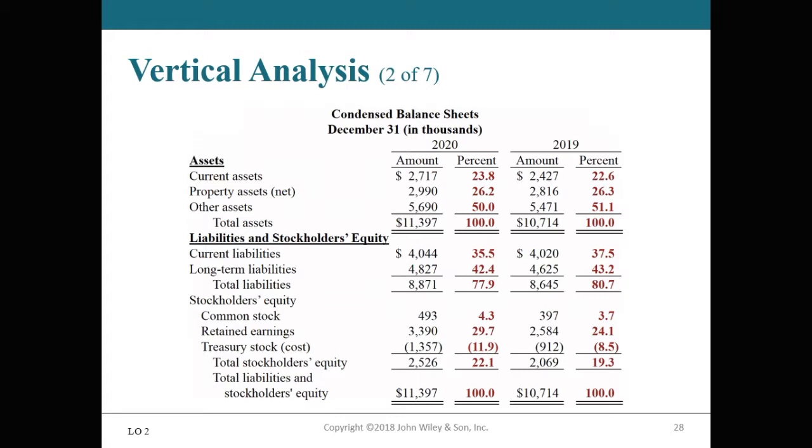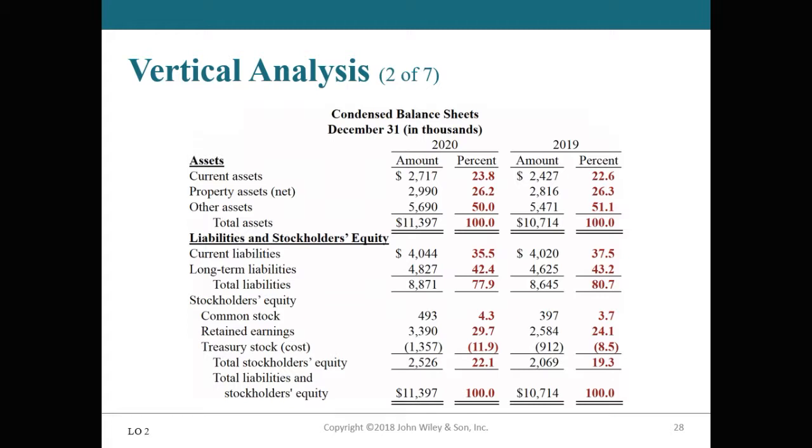Now, if we take everything out and we look, then we see that from 2019 to 2020, we increased our current assets pretty substantially compared to the increase in our property assets. Our current liabilities decreased as a percentage, as did our long-term liabilities.